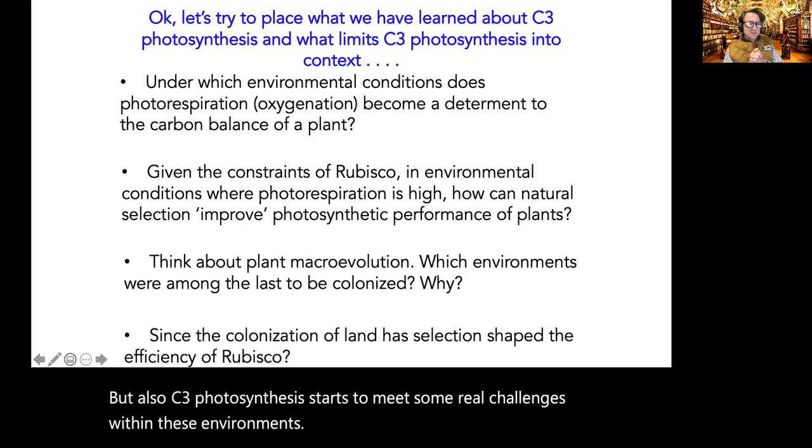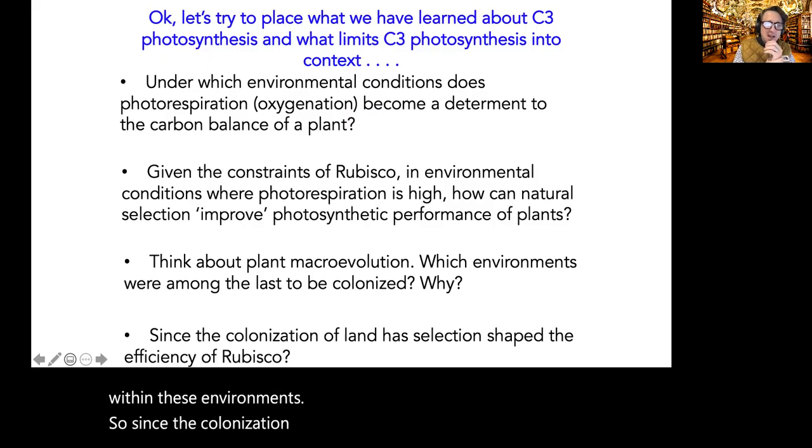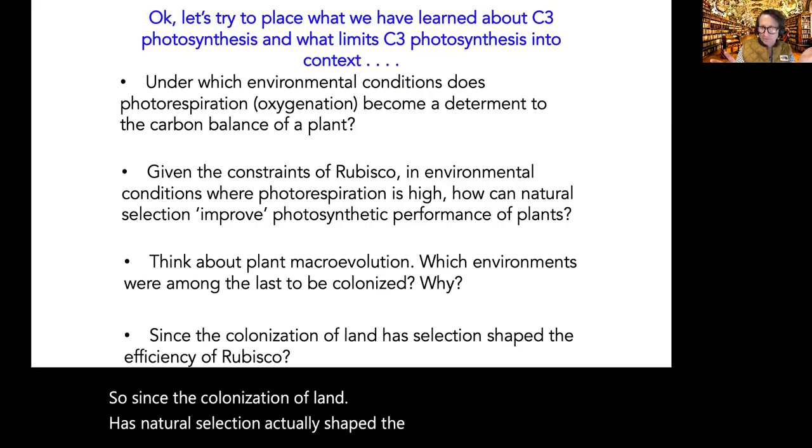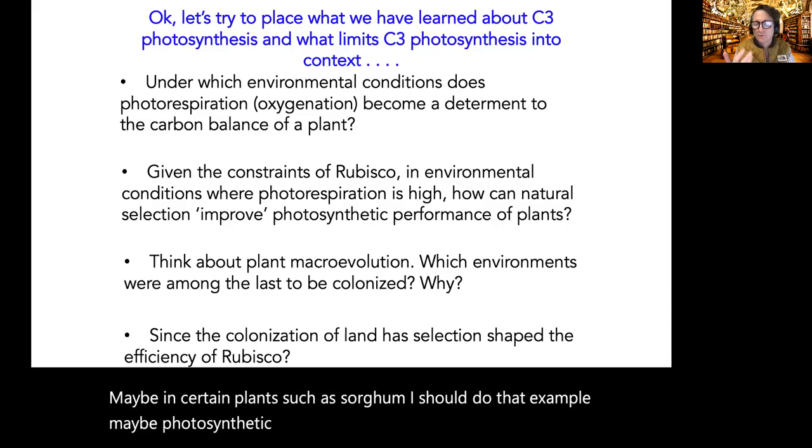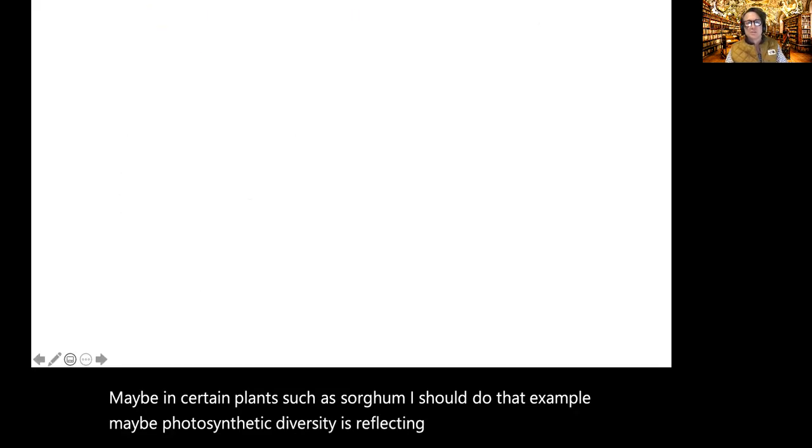Since the colonization of land, has natural selection actually shaped the efficiency of Rubisco? Maybe in certain plants, such as sorghum, which I showed you in that example, photosynthetic diversity is reflecting natural selection shaping the efficiency of Rubisco.